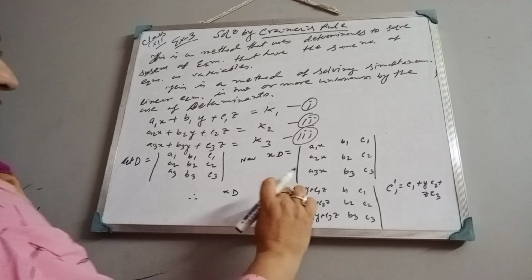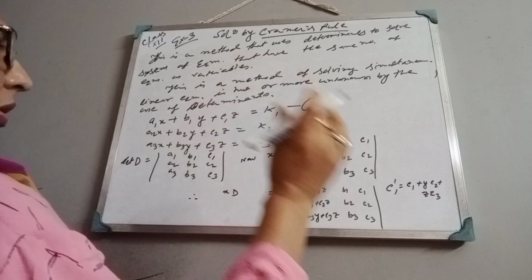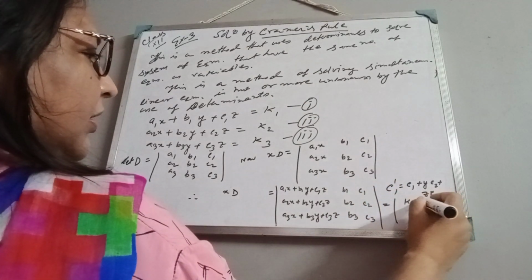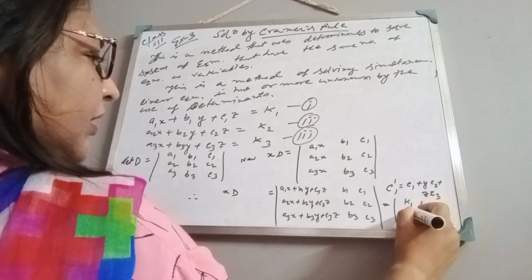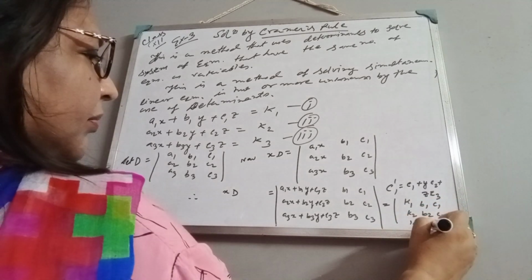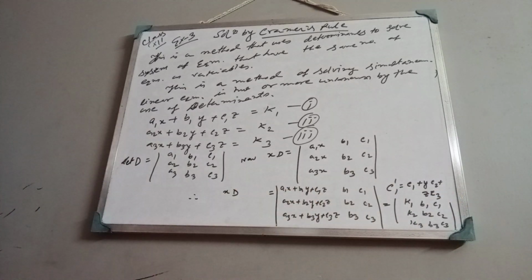Now instead of a1x plus b1y plus c1z, we can write this as k1. So that is equal to k1, b1, c1, k2, b2, c2, k3, b3, c3. So the first column is now replaced by k1, k2, k3.